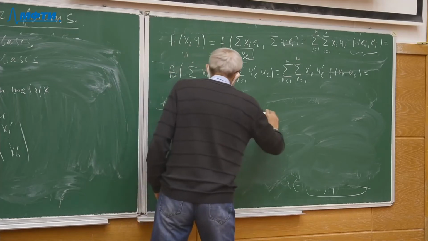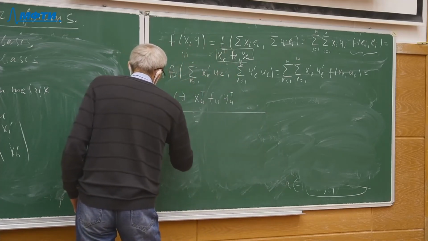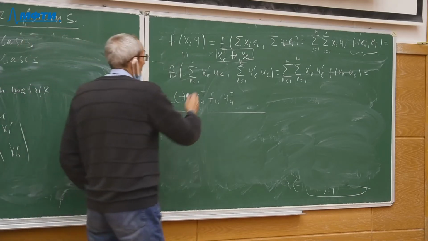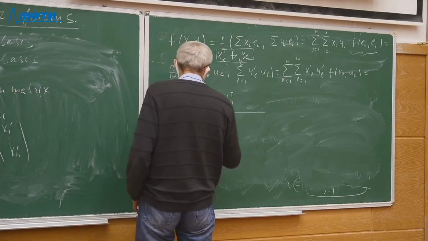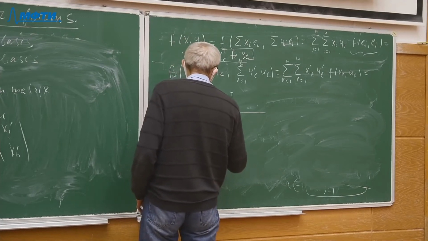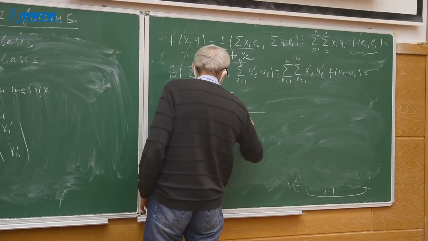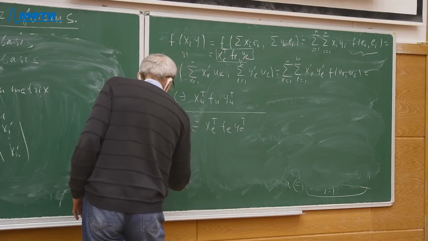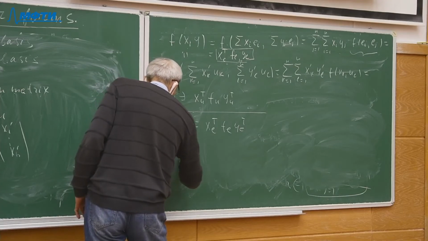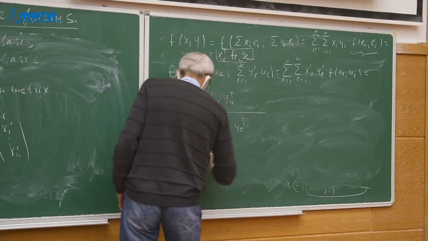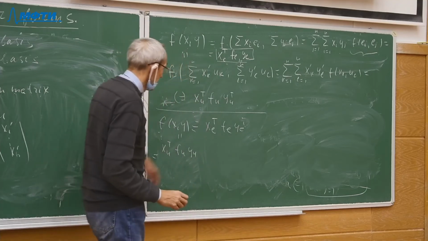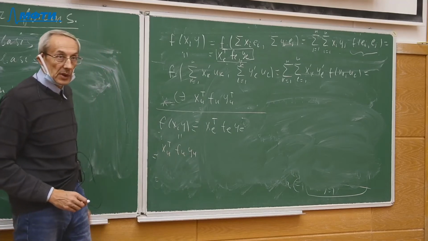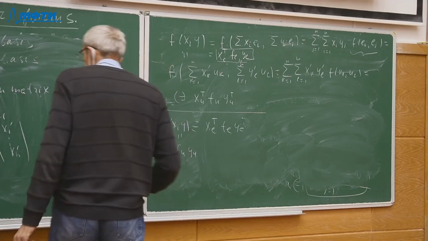So we obtain the two following formulas: F(x, y) is equal, on one hand, to this formula, and on the other hand, this expression is equal to this formula. And these two expressions coincide.